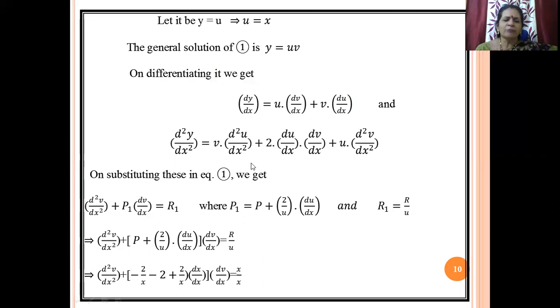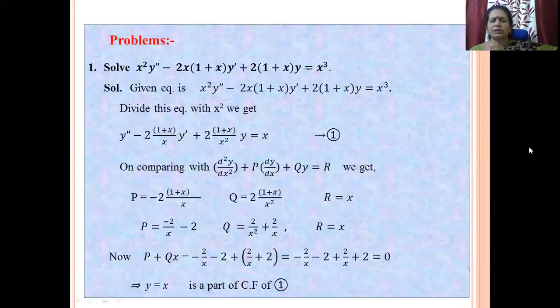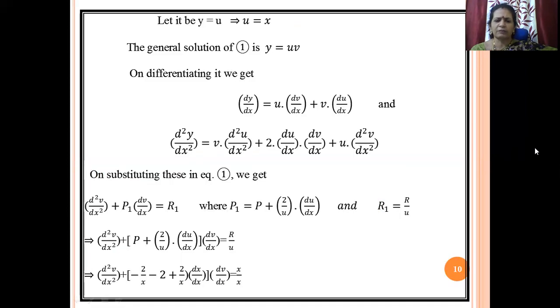On substituting these values in equation 1, we get d square v by dx square plus p1 into dv by dx is equal to r1, where p1 is equal to p plus 2 by u into du by dx. After substituting these two values in equation 1, we got this equation. This is p1, and this is r1.